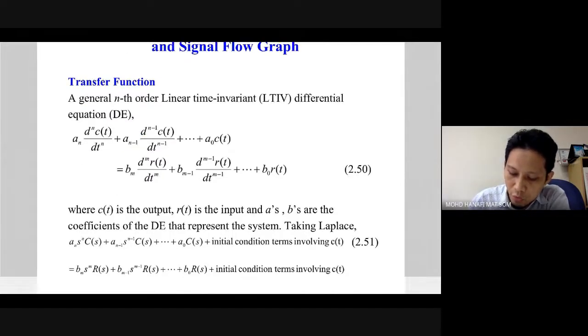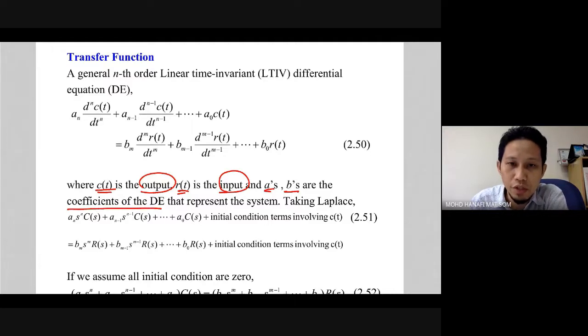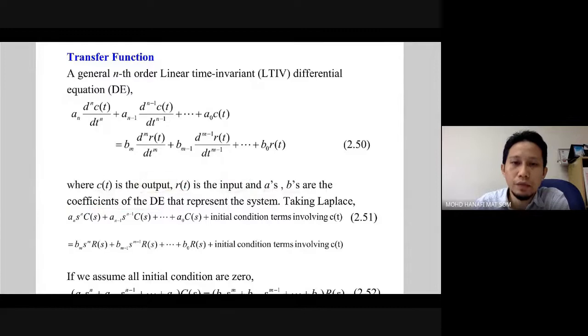So in this equation, c(t) is the output and r(t) is the input, and the a's and b's are the coefficients of the differential equations that represent the system. Now you have learned about Laplace previously in the two videos.